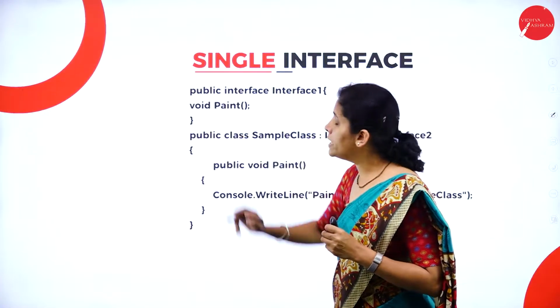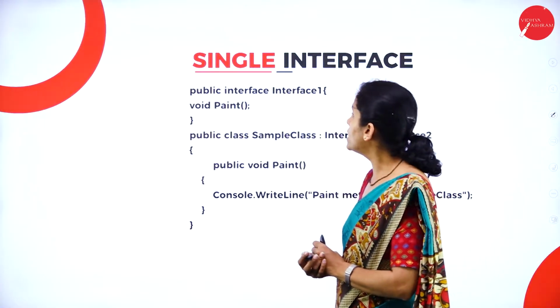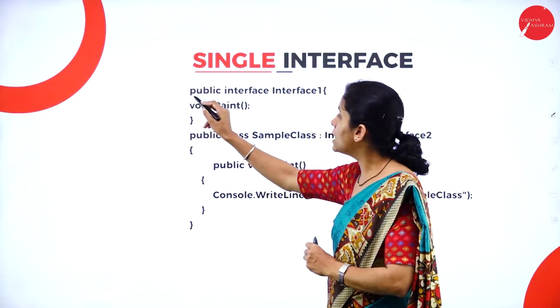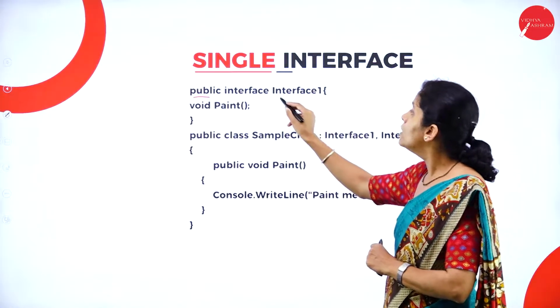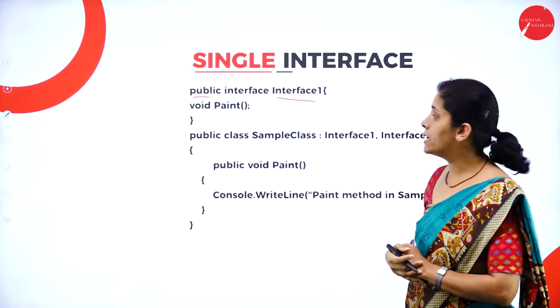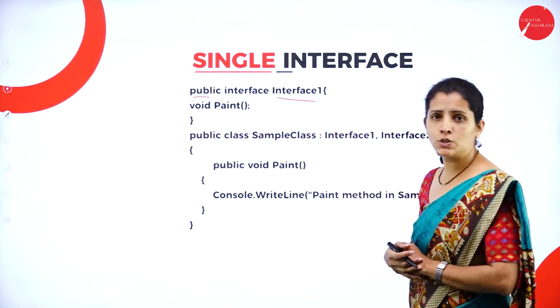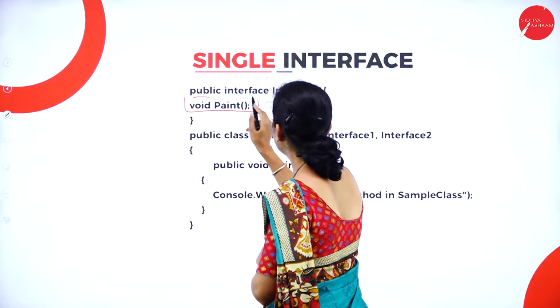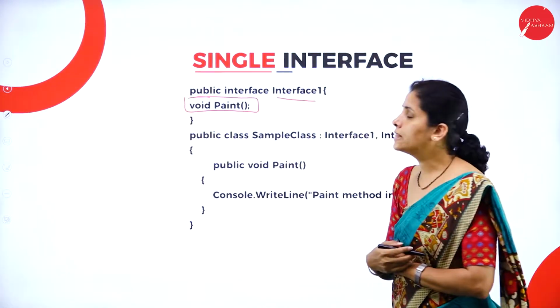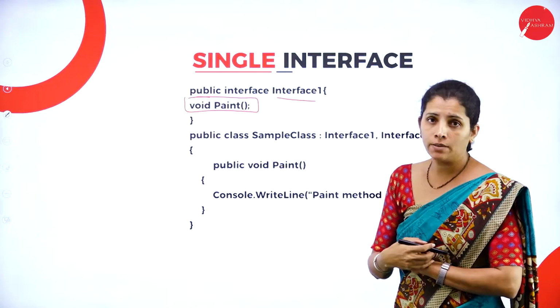So to create an interface, first what do I want to do? I want to start with public interface, and what is my interface name? That is Interface1. Now see here. This is nothing but the abstract method.